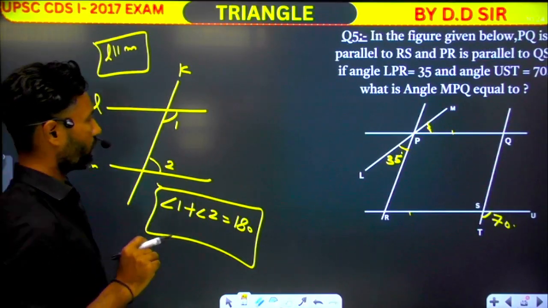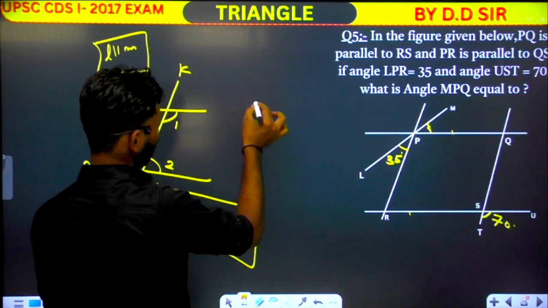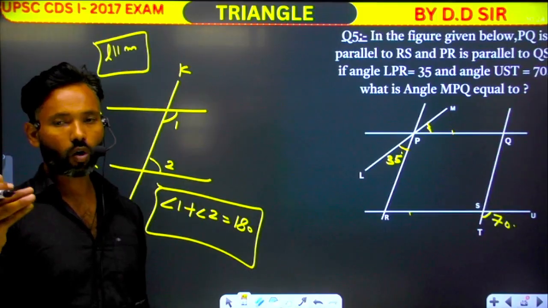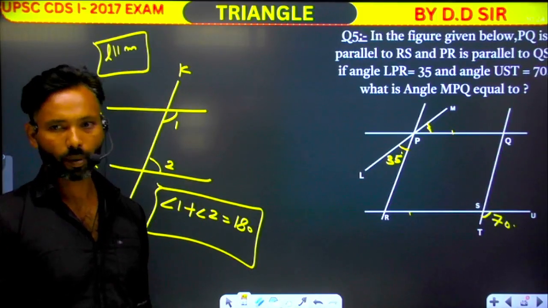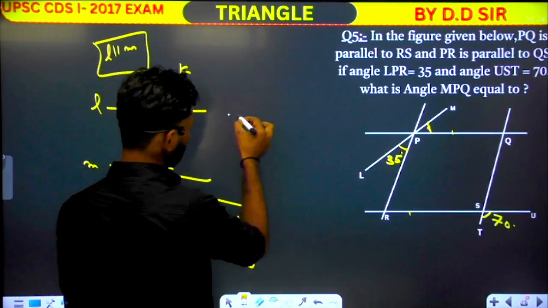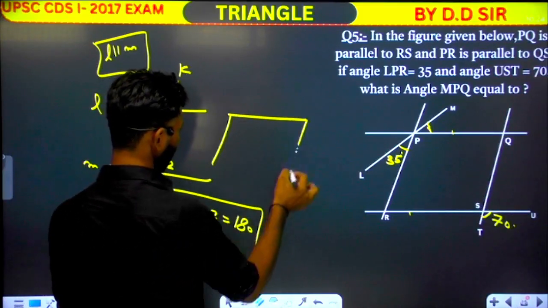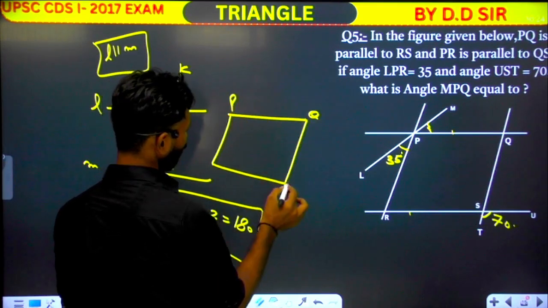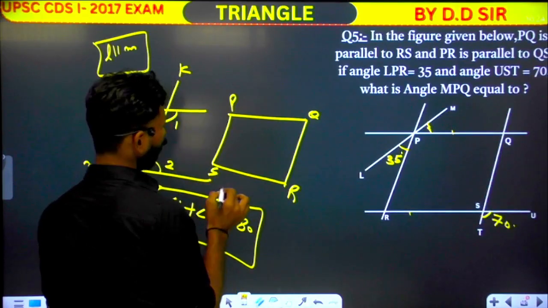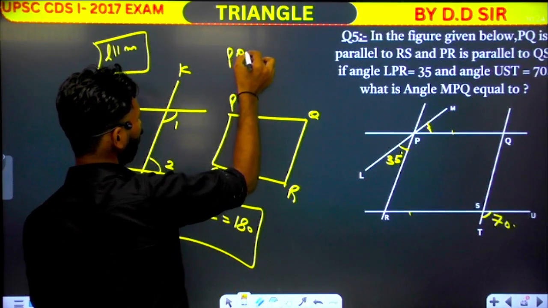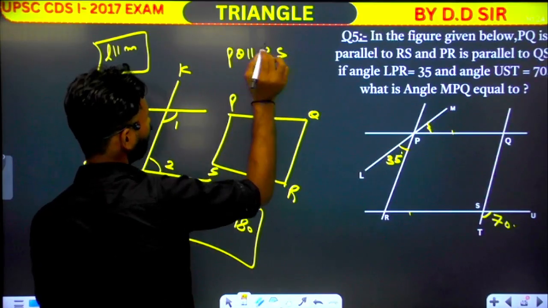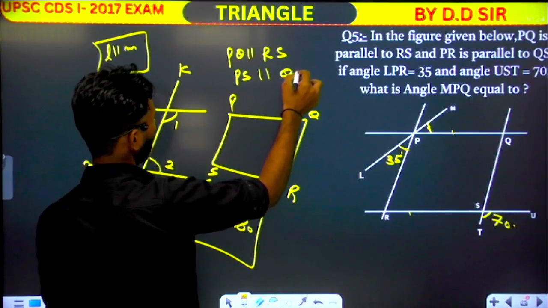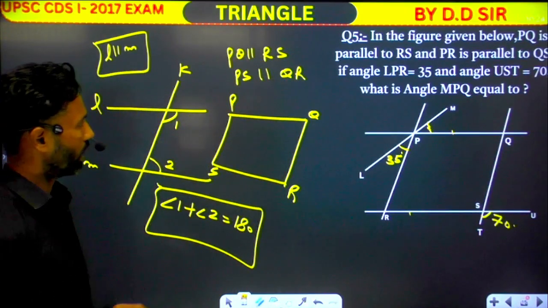One more property I want to tell you. Suppose there are four lines and each pair of opposite lines is parallel, a kind of quadrilateral. I'm naming it PQRS. I'm saying that line PQ is parallel to RS and line PS is parallel to QR.